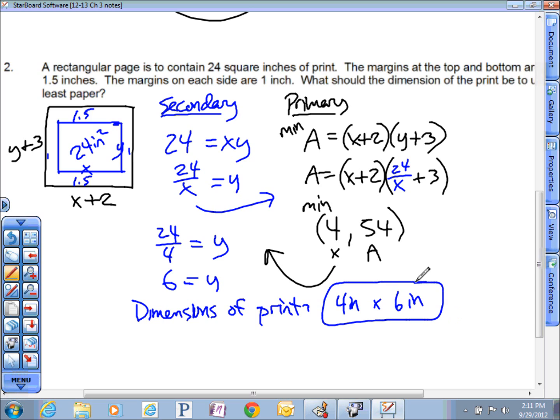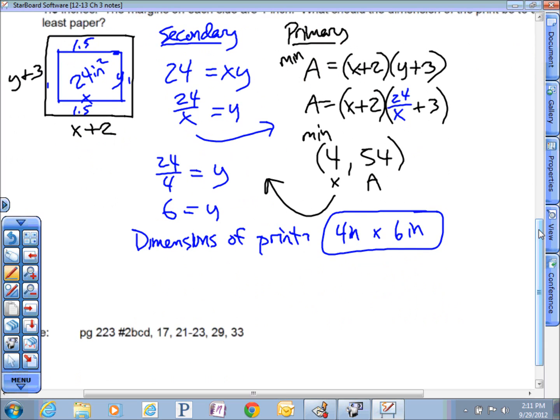And then my dimensions of my page, which it didn't ask us to find, would be adding 2 to that x dimension, 6 inches, by the y plus 3, 9 inches.